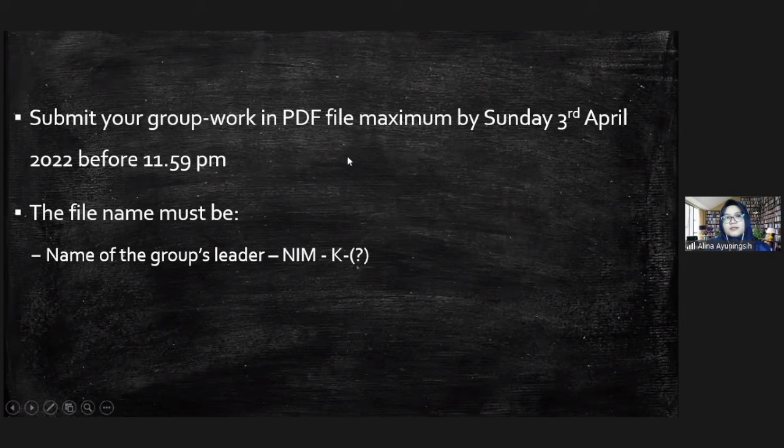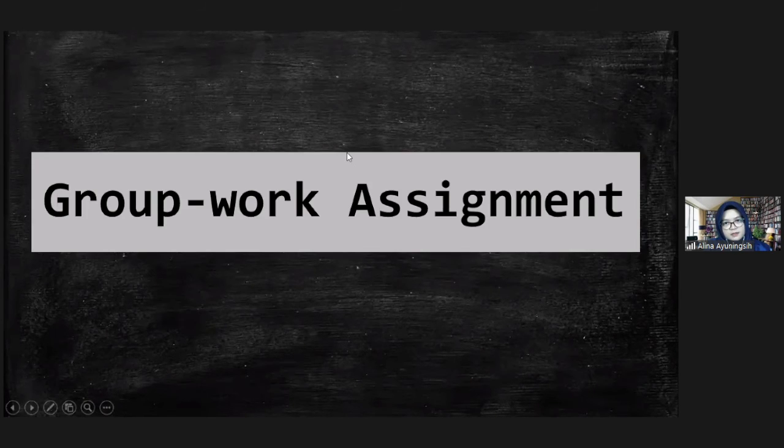Because this is a group work assignment, for all the group leaders, please report to me if there is one or more than one member who doesn't take part in doing the group work assignment.